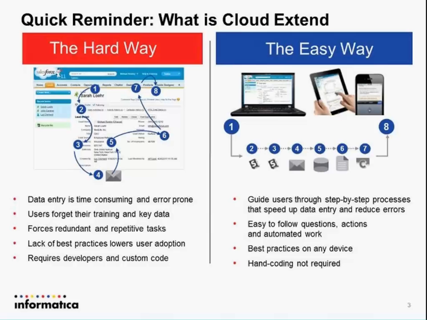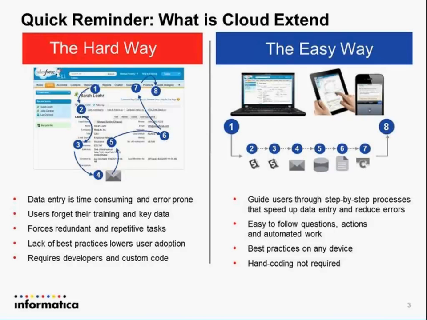The easy way is what Cloud Extend brings. With Cloud Extend, you can eliminate a lot of these hand coding requirements because Cloud Extend automates a lot of these processes by guiding you through a step-by-step process. In the process of doing so, you can speed up a lot of your data entry and reduce errors.